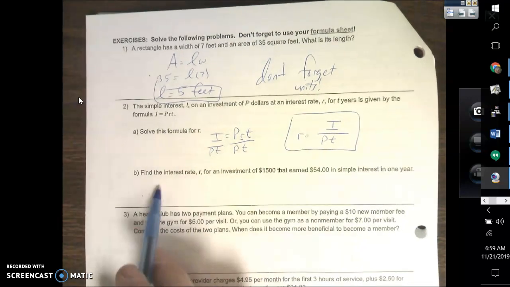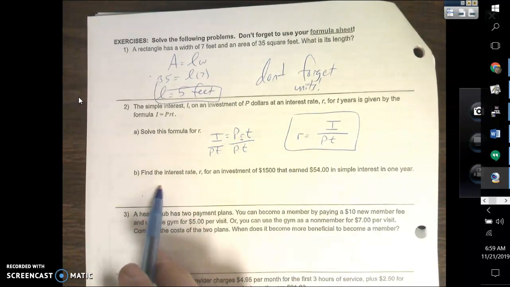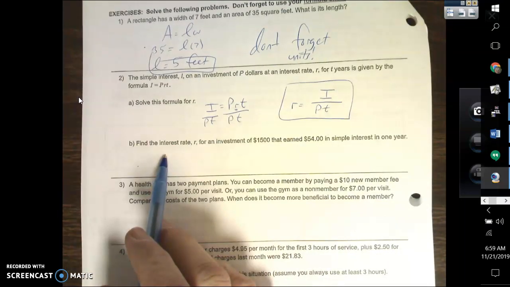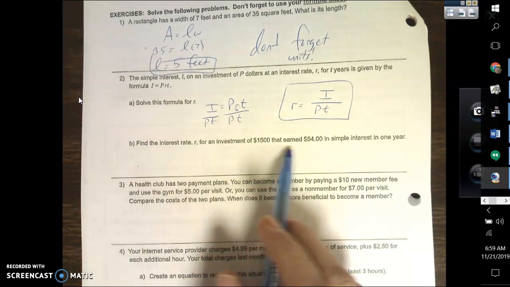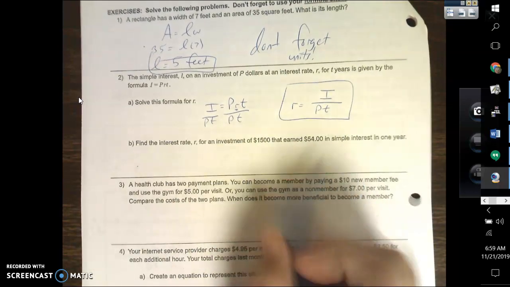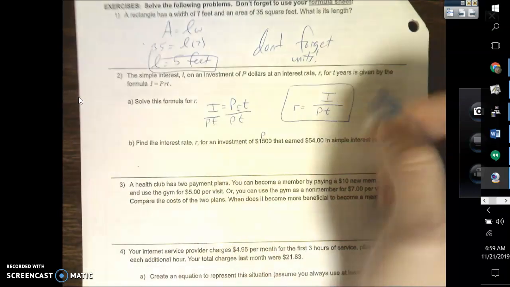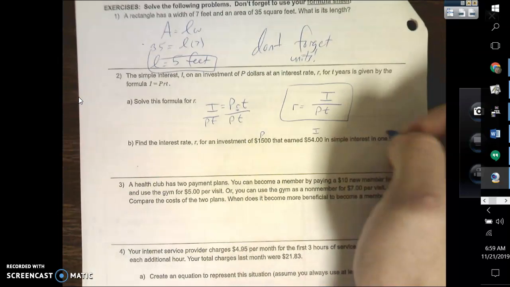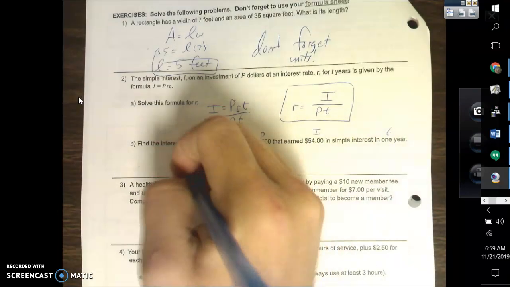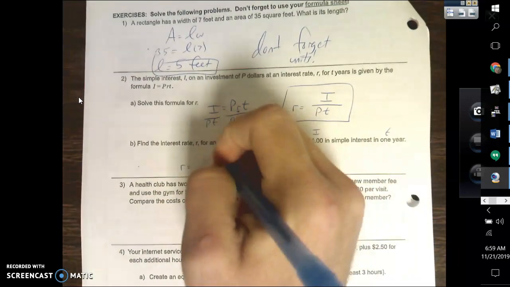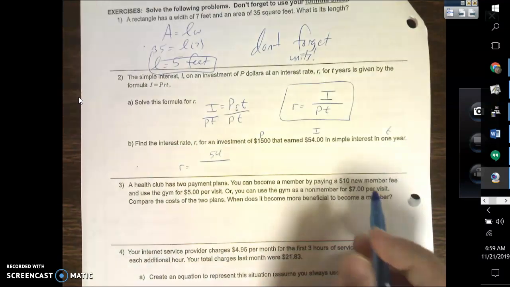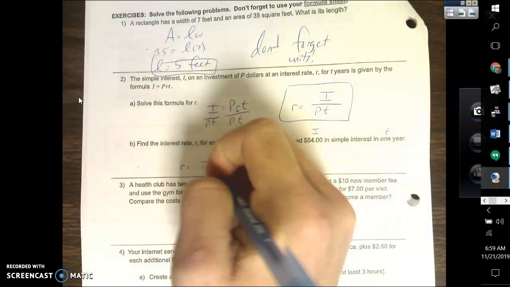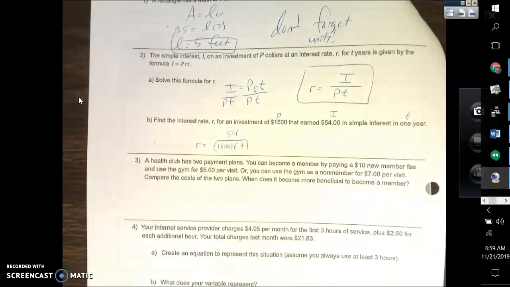The reason we did that, because down here it says, find the interest rate R for an investment of $1,500 that earned $54 in simple interest in 1 year. So this is your investment, this is your interest, and that is your time. R equals, my I is 54, 1,500 times my T is 1.